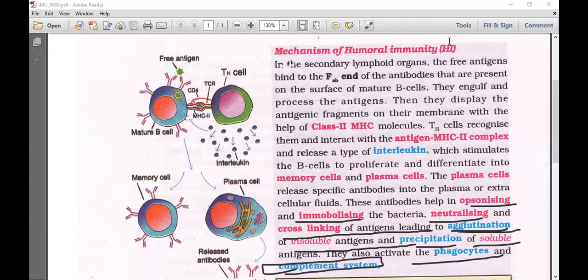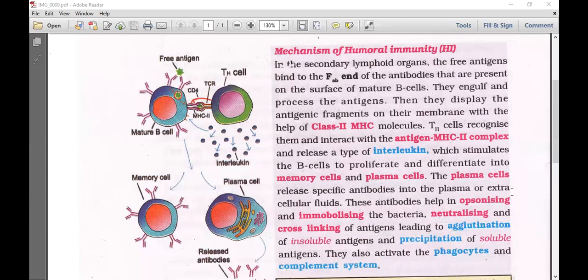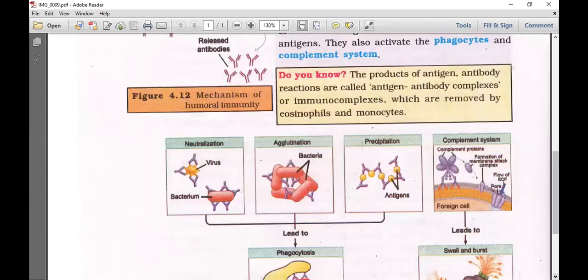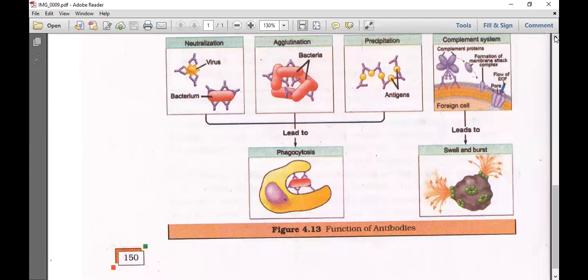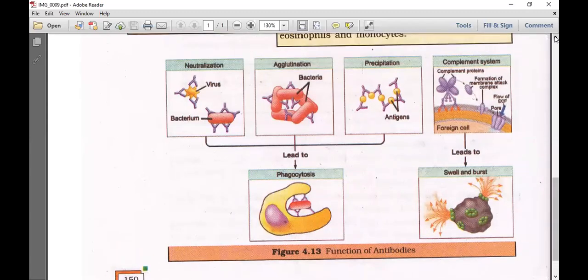What the complement system is will come in future. The phagocyte activation you can see here, and the antigen-antibody complex is engulfed. This complement system I'll go into later. When that series comes, I'll show this diagram to you again.